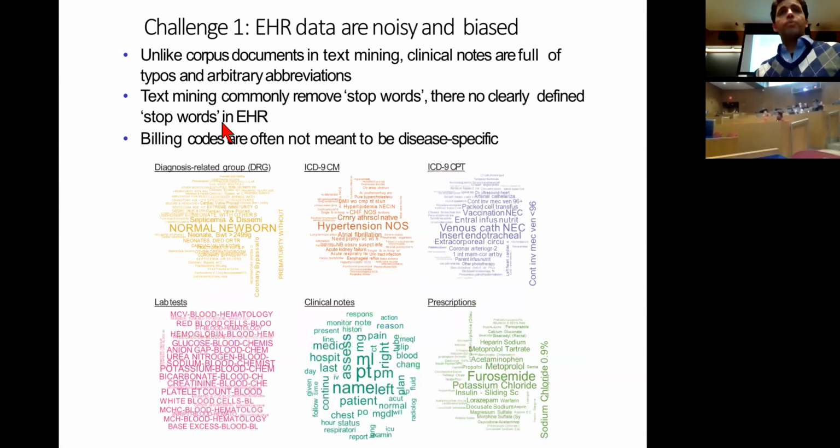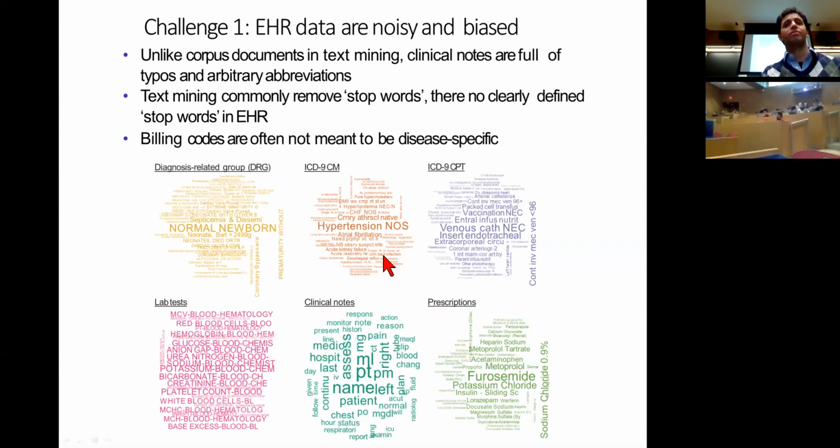There are many challenges. The first challenge is that electronic health record data are extremely noisy and also extremely biased. Unlike corpus documents in text mining, clinical notes are full of typos and full of arbitrary abbreviations. Here, you can see hypertension and then coronary atherosclerosis, native, CHF, NB, observe, suspect, infer.